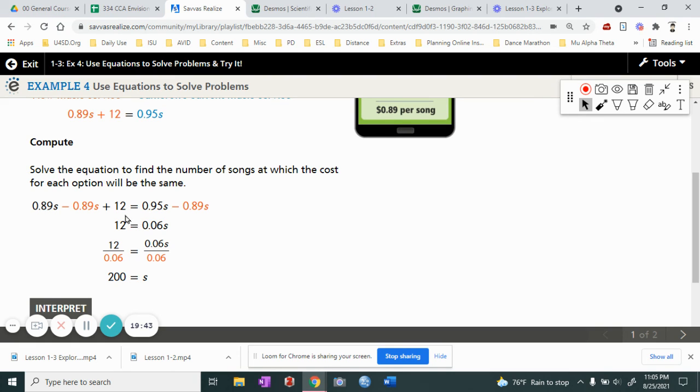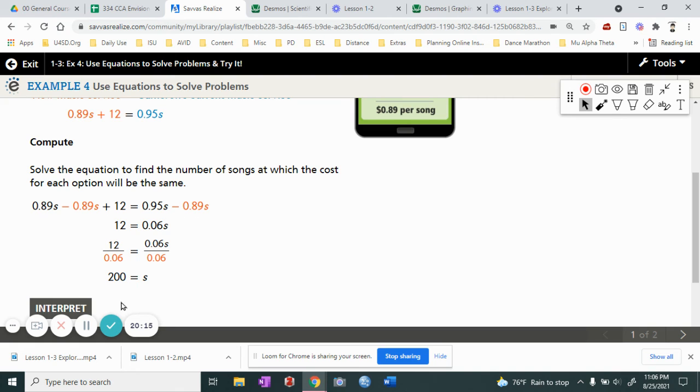And then we have 12 equals 0.06S, because 0.95S minus 0.89S is 0.06S. And then we're going to divide both sides by 0.06. 12 divided by a very small number gives us a fairly large answer. 12 divided by 0.06 is 200.